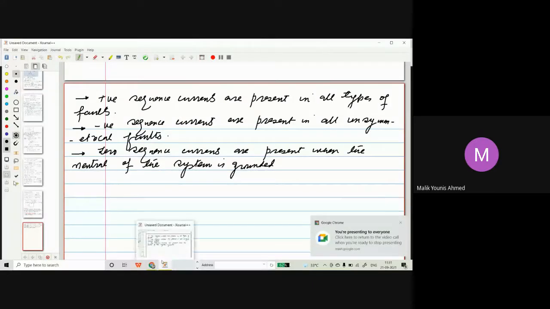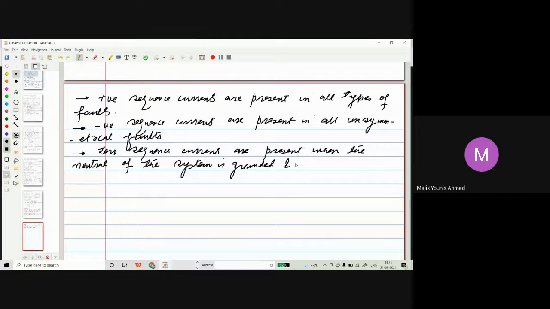So number one, zero sequence currents are present when the neutral of the system is grounded. That is very important. And then I have told you the fault also involves the ground.